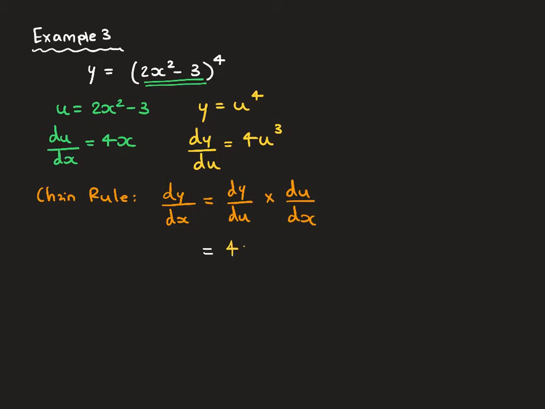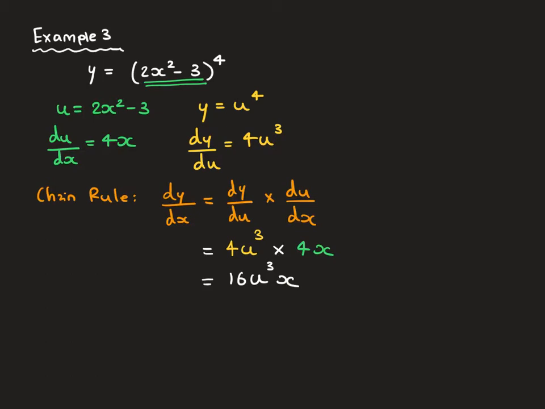So this is 4u to the power of 3 multiplied by du by dx, which is 4x. So our intermediate step before we get to our final answer is 16u to the power of 3 multiplied by x.